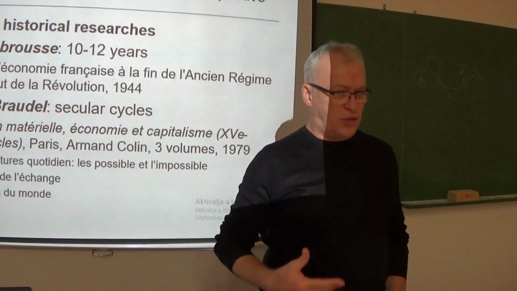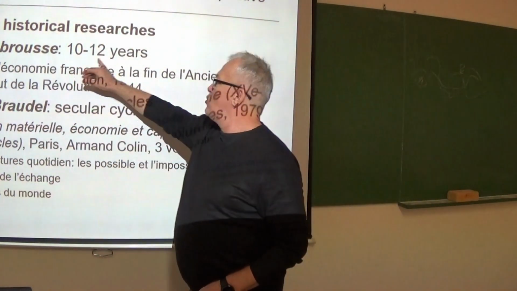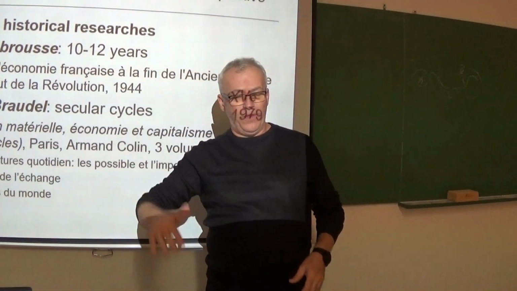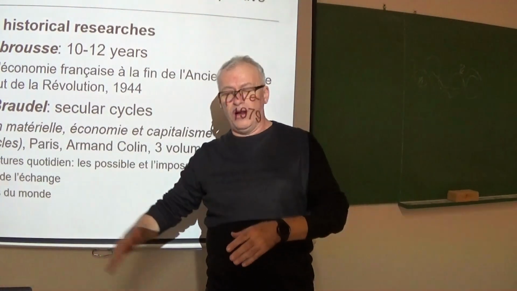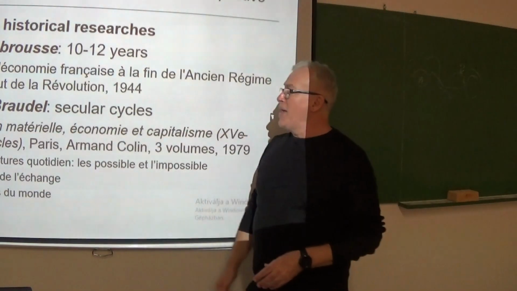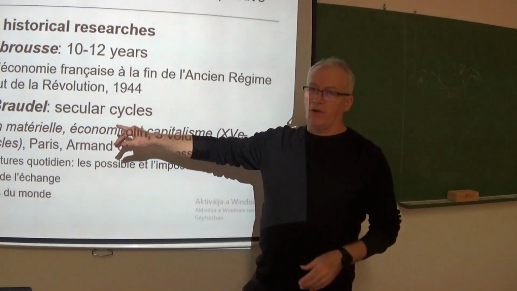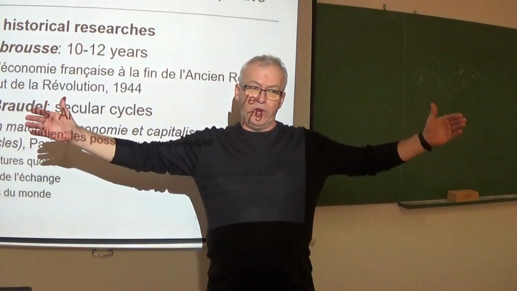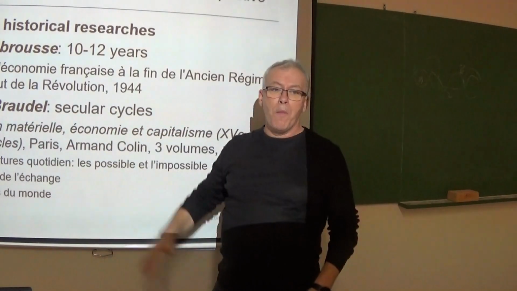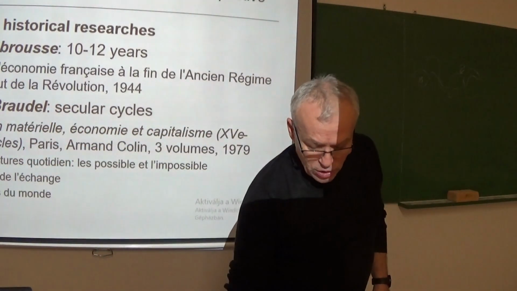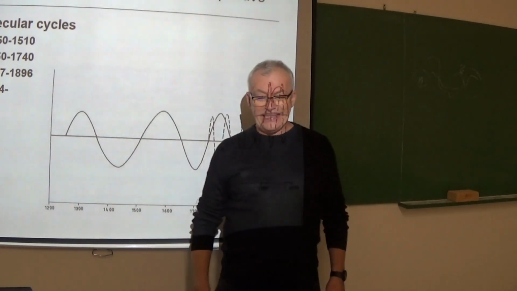And he described a 10 to 12 year long bad part of this cycle before the French Revolution. And more interesting, Fernand Braudel introduced a new concept, a longer one compared with the Kondratiev, a secular, century-long cycle. Look at a short approach to the Braudel secular cycle.